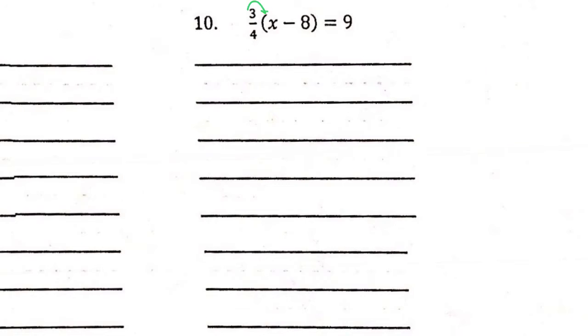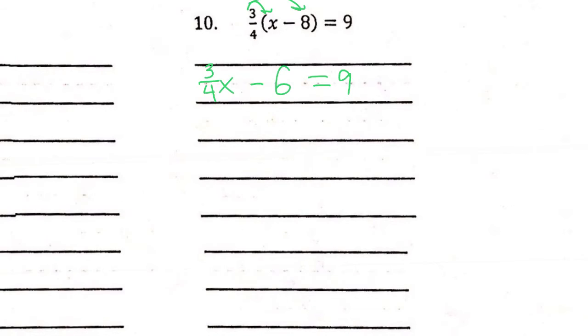So we multiply 3/4 times x to get 3/4 x. Then we multiply 3/4 times 8, so we are subtracting 6, because 3 times 8 is 24, and 24 divided by 4 is 6. We bring down that subtraction sign, and that is equal to 9.